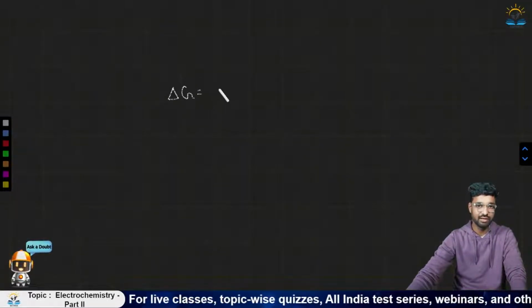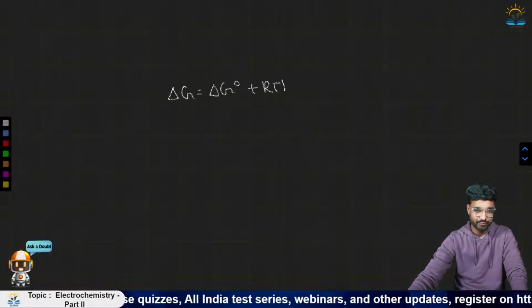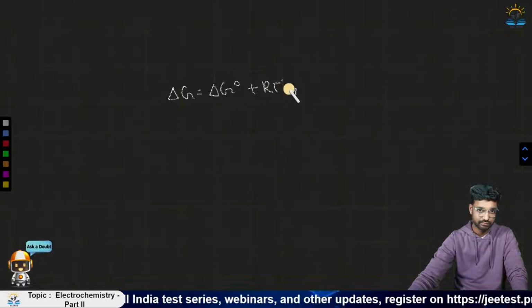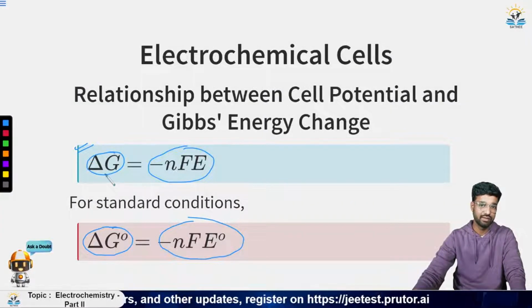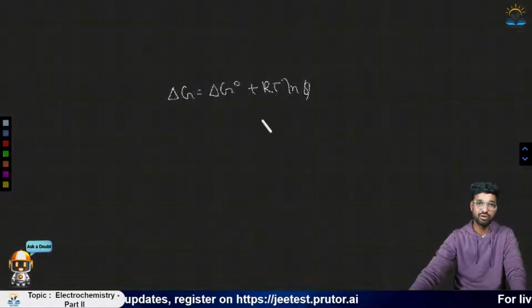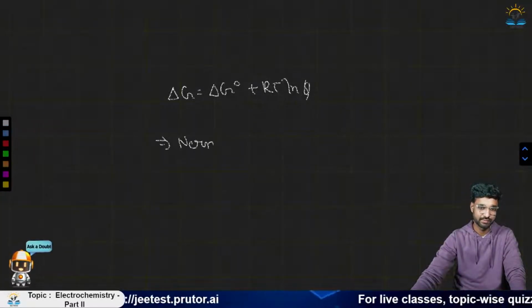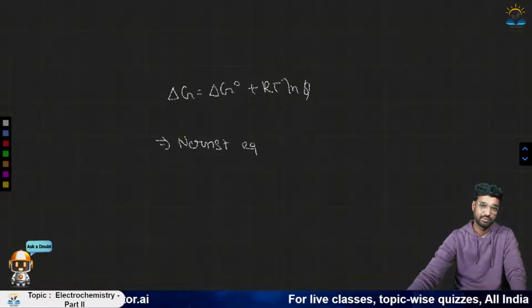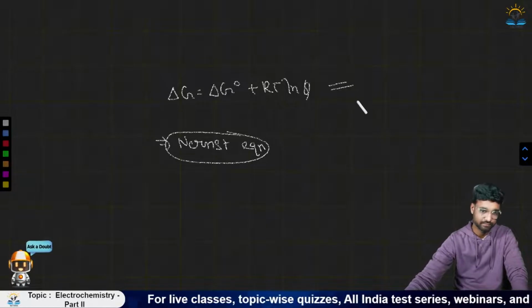We know that delta G is equal to delta G naught plus RT ln Q. Now if you put in all the values given, minus nFE and minus nFE naught, you will get the final Nernst equation. So this Nernst equation is derived from this relation.